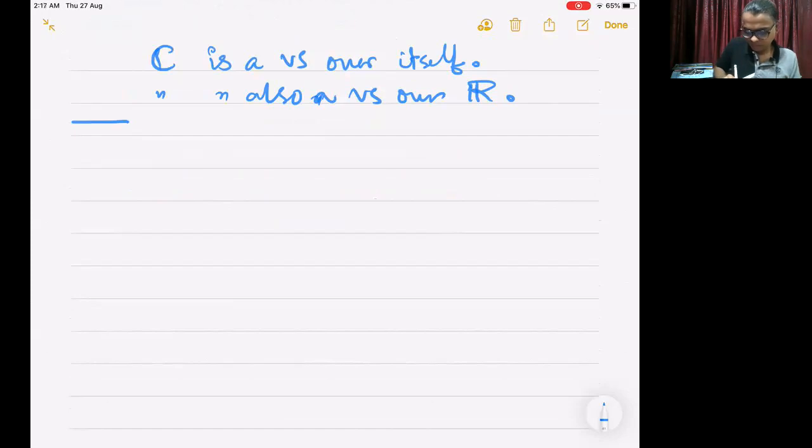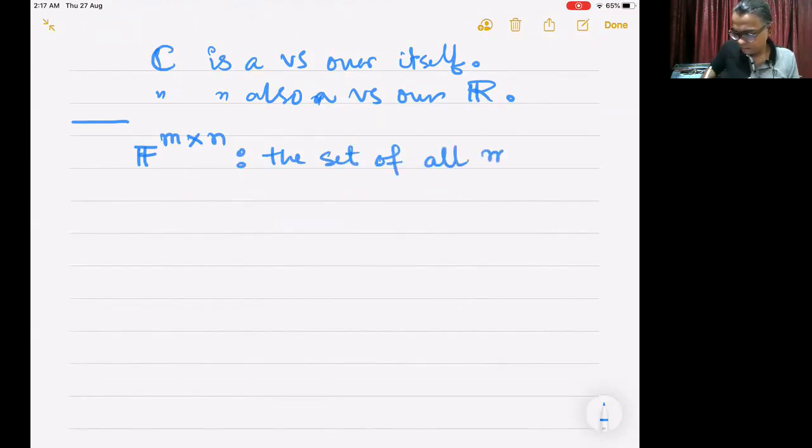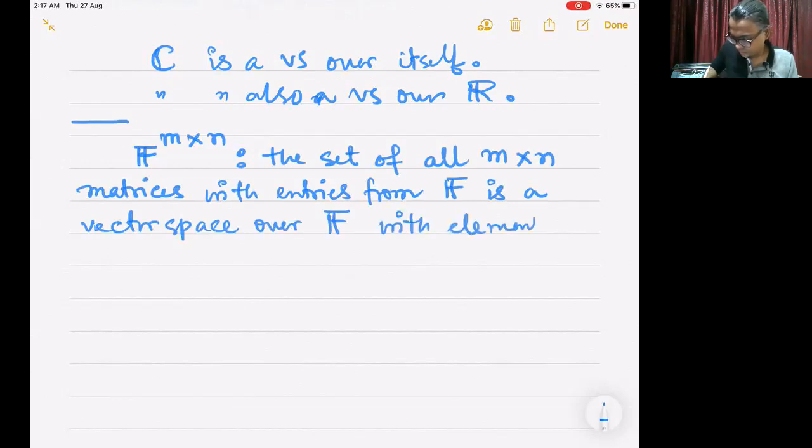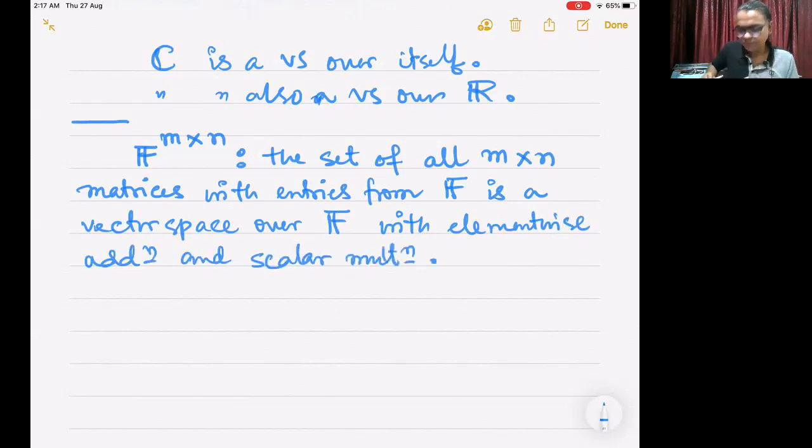For example, M cross N, which is the set of all M by N matrices with entries from F, is a vector space over F with element-wise addition and scalar multiplication.